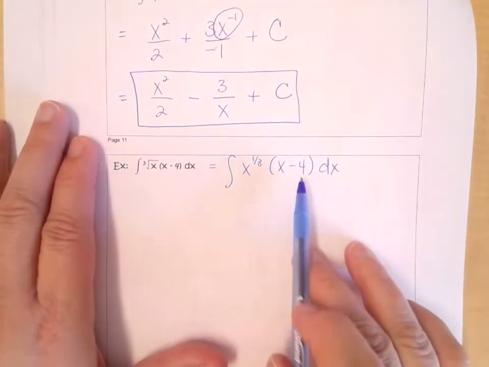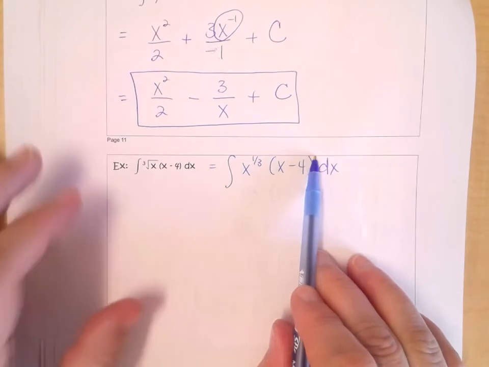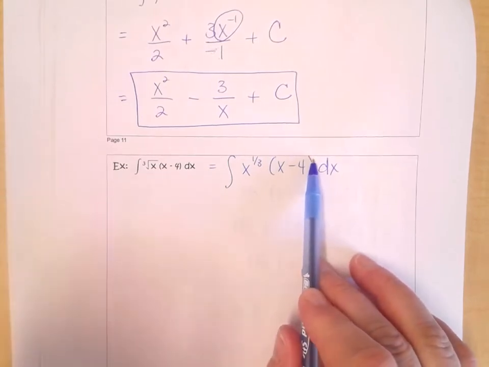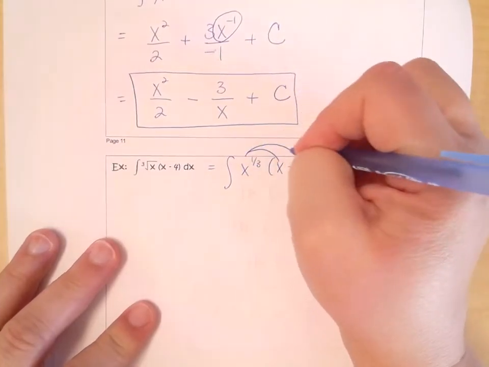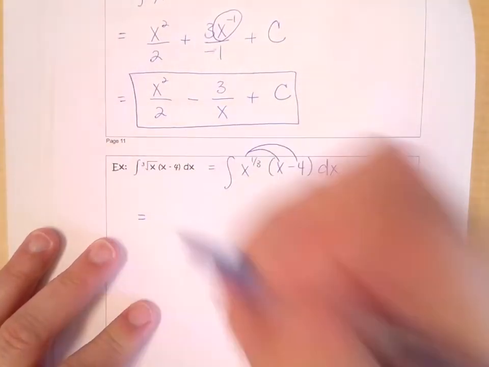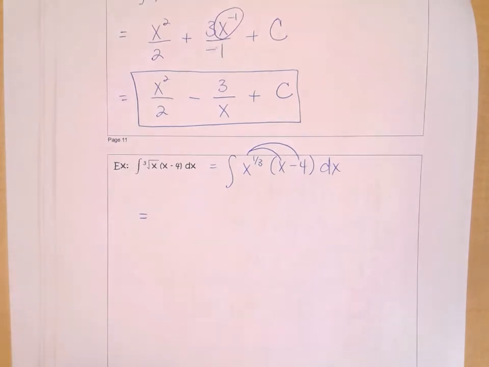And again, because these parentheses have a power of 1, 1 is able to be distributed into. Any other power is a no-no. What does that result in?